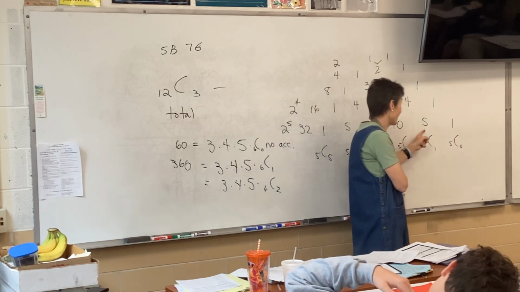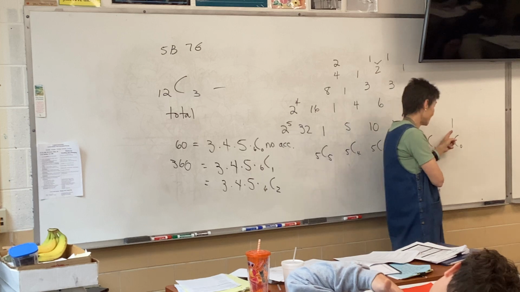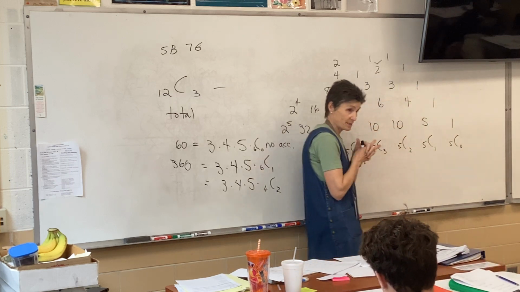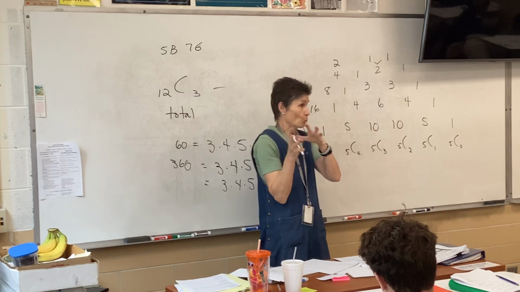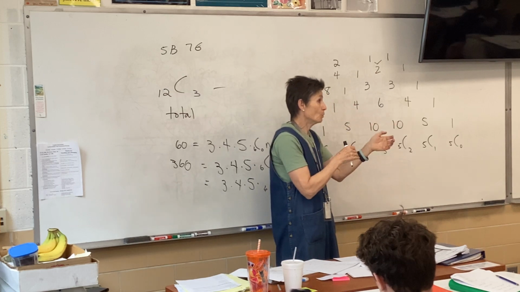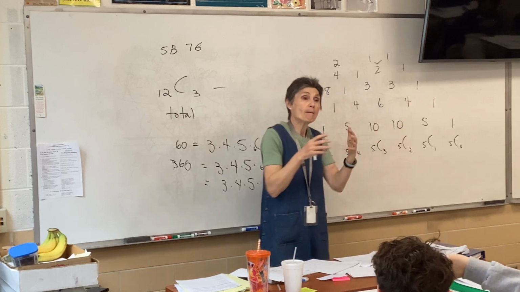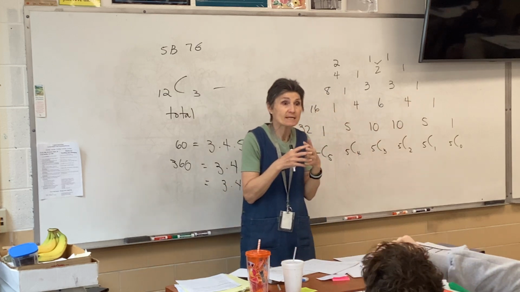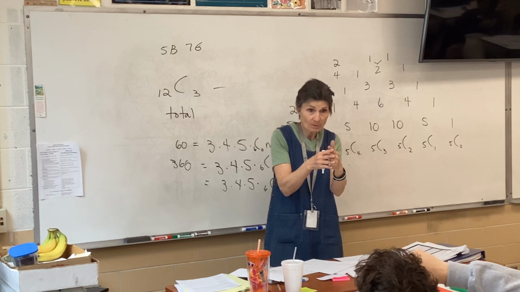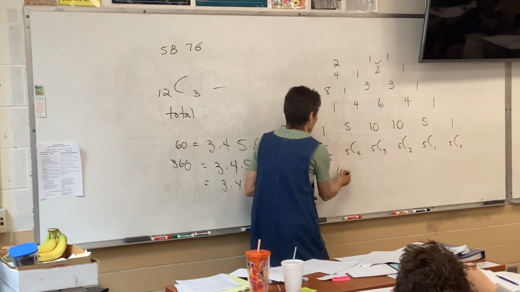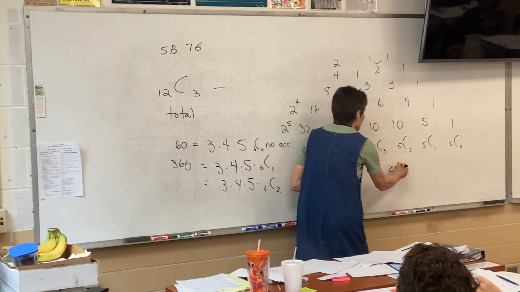5C2, 5C1, and 5C0. So in other words, the row adds up to 2 to the 5th, and the numbers in the row are the combination numbers. So if I went one more, I had them up here and erased them.